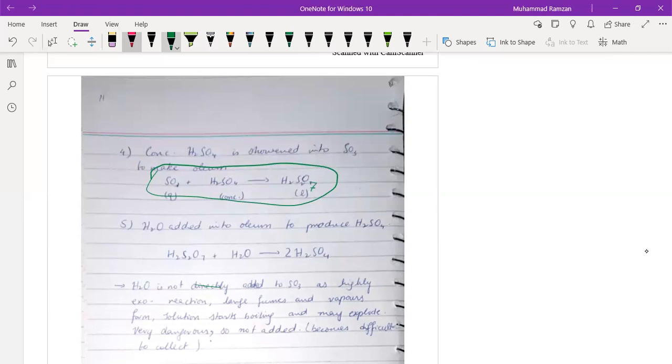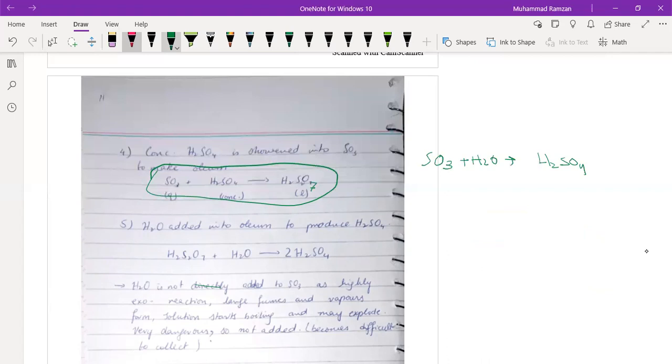If you react SO3 with H2O, you get H2SO4. But we don't practice this.